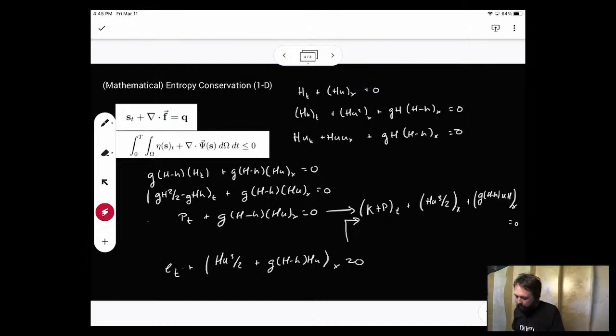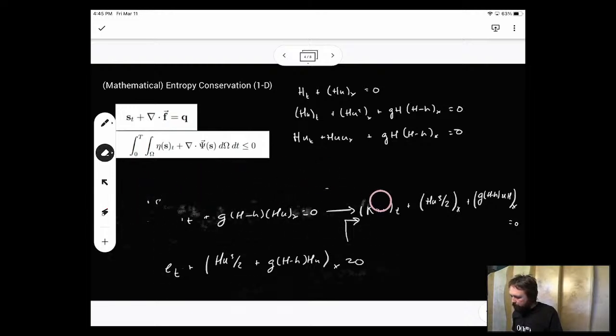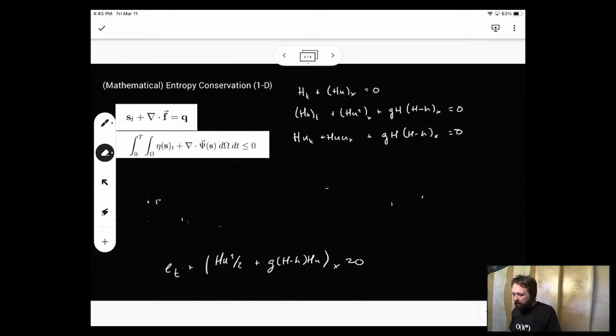Now, if I were to think about doing an integral over all space and time, assuming my solution is absolutely continuous and I can take derivatives of it, if I integrate over all space and time, so we're going to be integrating over x here. What I have on the first term is E_t plus, and then I have the entropy flux, which let's go ahead and just put as entropy flux dx.